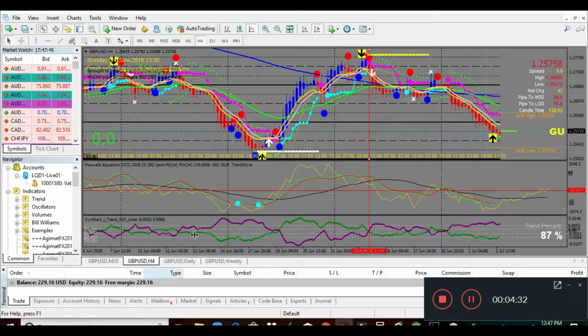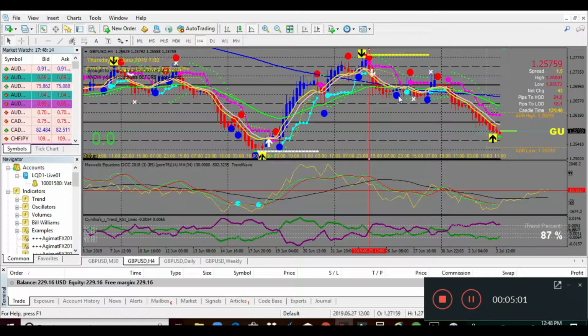But to confirm that entry, you want to make sure that this purple sell signal line is crossing above this green line right here. As long as it's crossing above this green line, then your sell is legitimate. Even if it's about to cross, that sell is very legit.